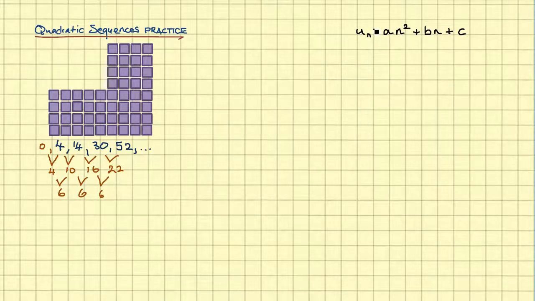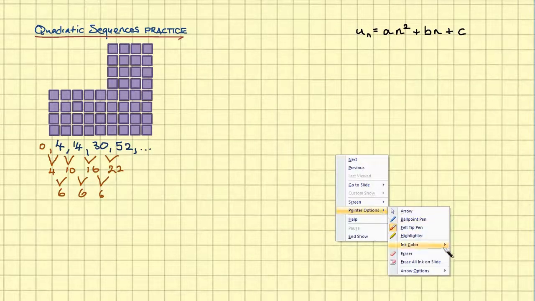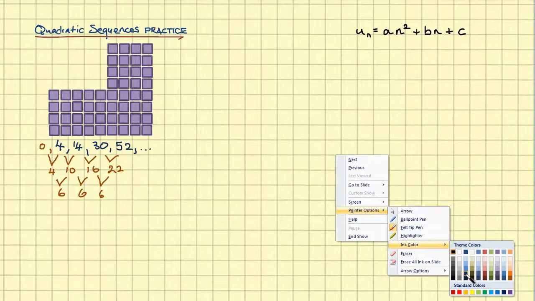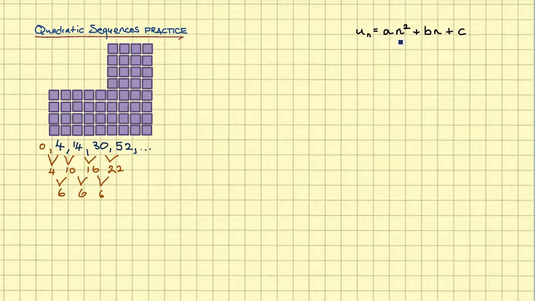Okay, so that's the standard form for a quadratic, and usually instead of writing y equals, we put u or t equals. So u sub n is probably the most popular convention. So there's my standard form. Let's now get our values for a, b and c.